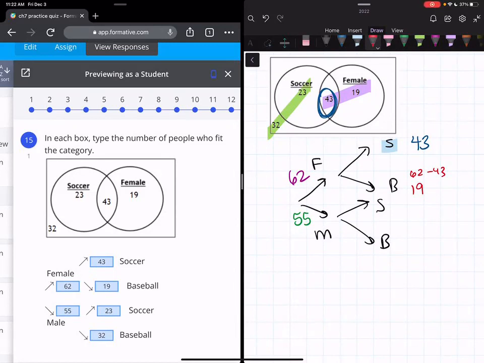All right, so out of our 55 males, how many of them must play soccer? Because it's the rest of our soccer numbers, so 23.